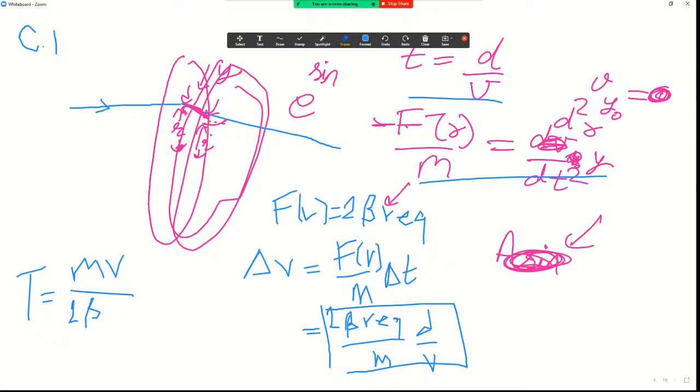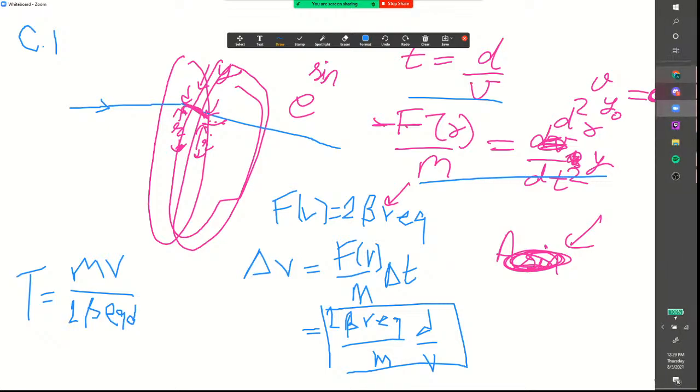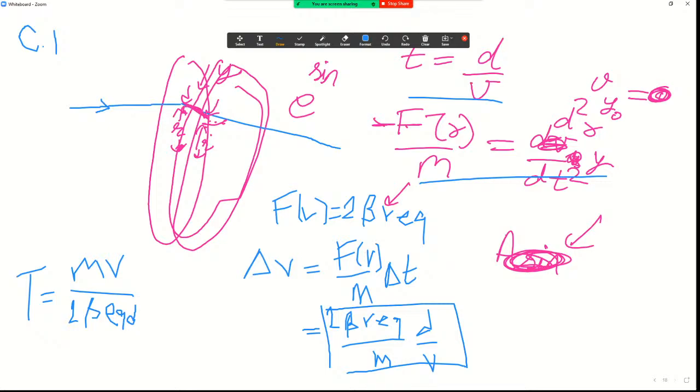Okay, I am back. I was just finishing this. What is this capital T? It's the time for the electron to reach the optical axis. Okay. So just r over delta v.